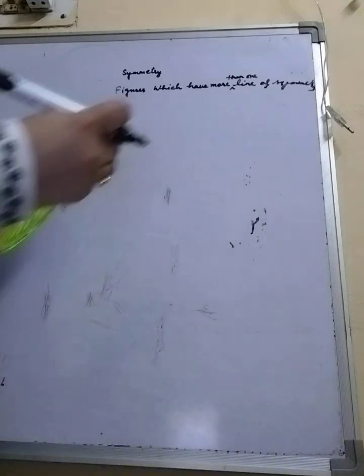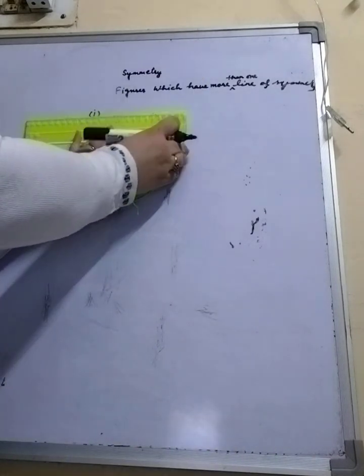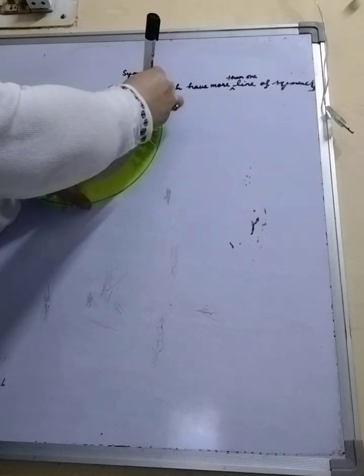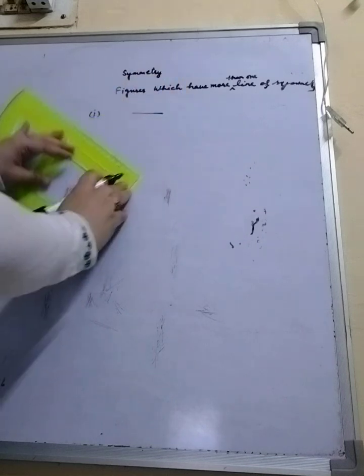So what is the property of square? That all its sides are equal. So let's take it equal to 5 centimeter.